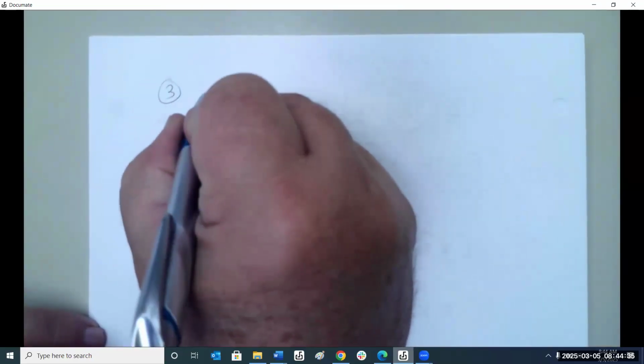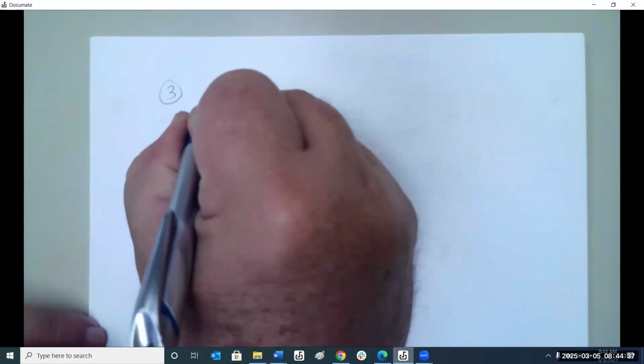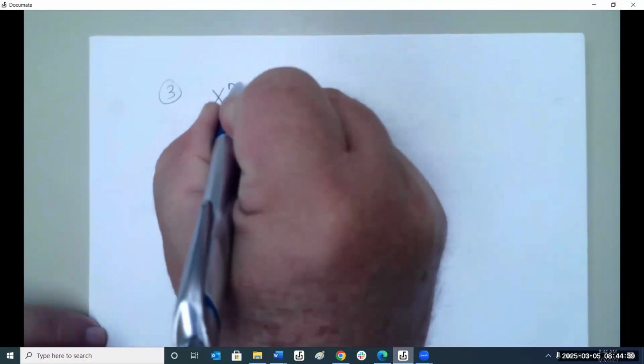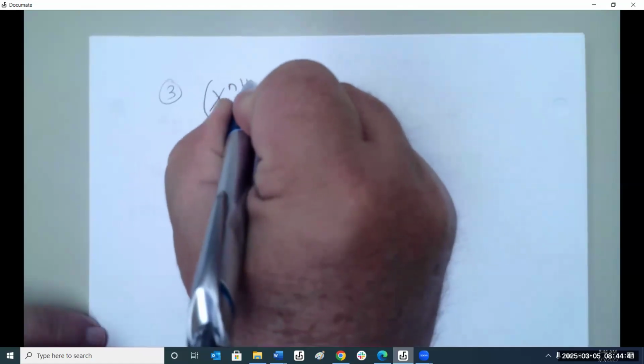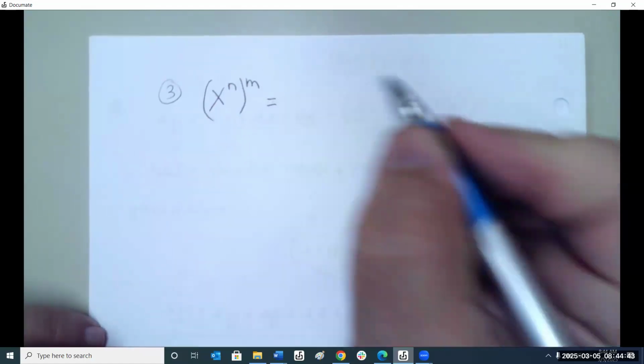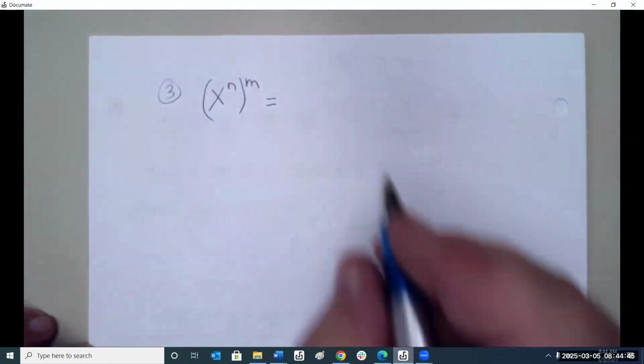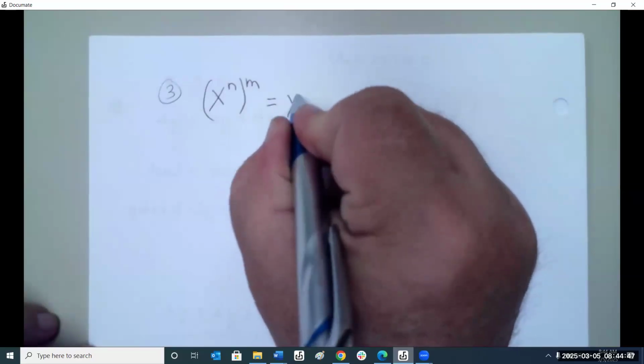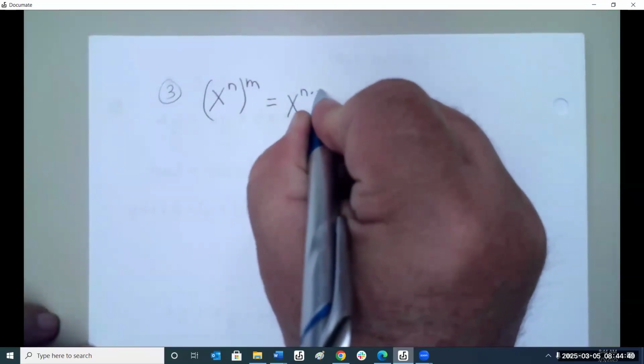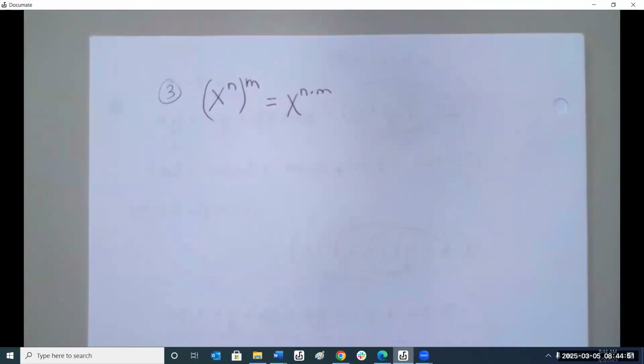The third property. If you have a power to a power, you multiply the exponents.